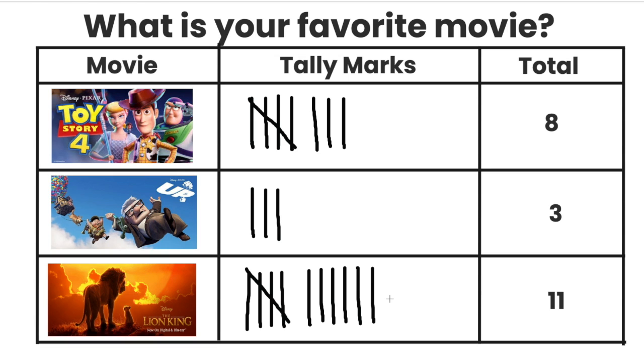Let me erase this. Let's try that again. So we have 5, 6, 7, 8, 9. Oh yeah, here's another group. 10 and 11. That looks so much better. You see how easy it is for me to be able to read my tally marks now? I have 5, 10, 11.